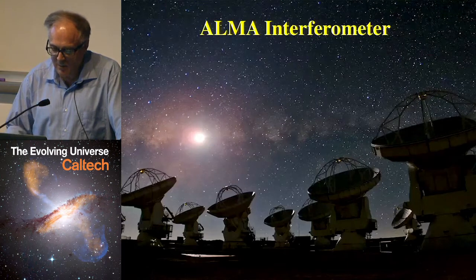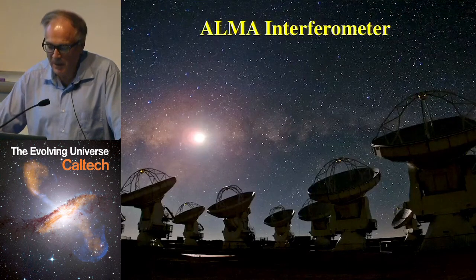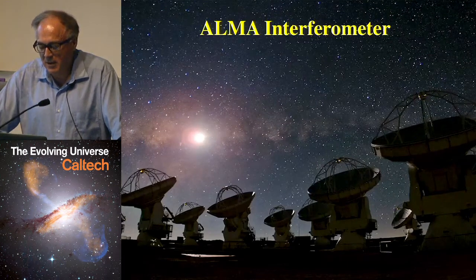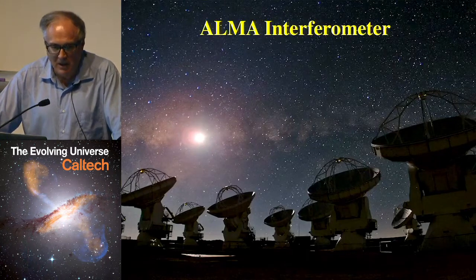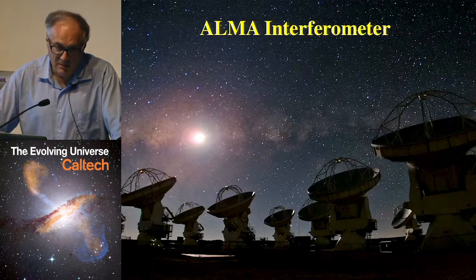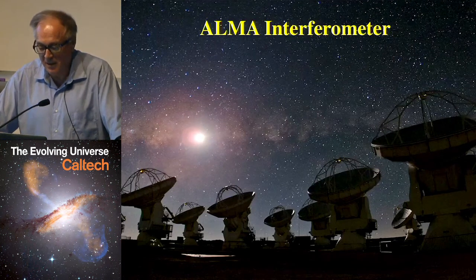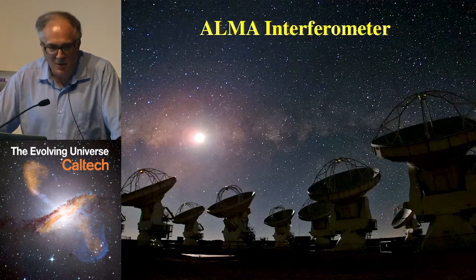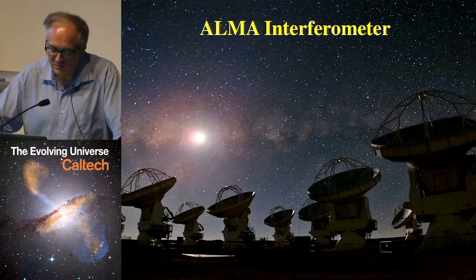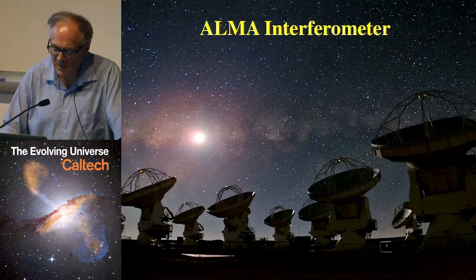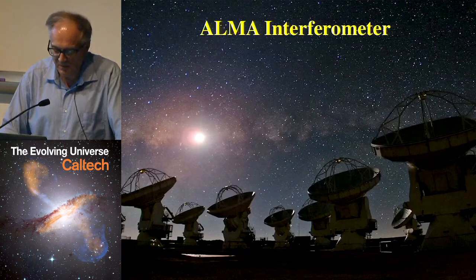The latest and the best of this sort is the so-called ALMA interferometer, for Atacama Large Millimeter Array, and that tells you that it's in the Atacama Desert in Chile, and it's pretty large, and it operates on millimeter wavelengths. It's an international project that involves the US, Europe, Japan, I don't know who else.